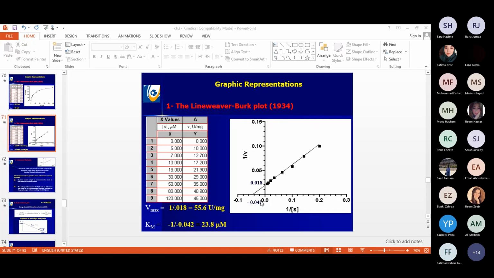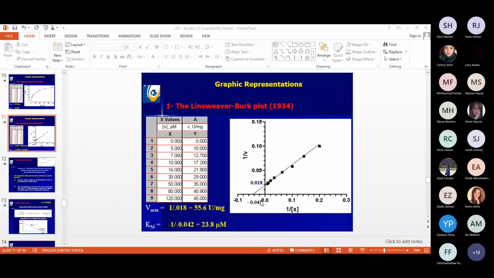Farah Ismail. Yes, doctor. Can you tell us in which case we can determine Vmax and Km from the Michaelis-Menten plot directly? If you plot the graph 1 over v as a function of 1 over concentration of substrate. Mademoiselle, a question: in which case you cannot determine Vmax and Km from the Michaelis-Menten plot? Do you know what the Michaelis-Menten plot is?